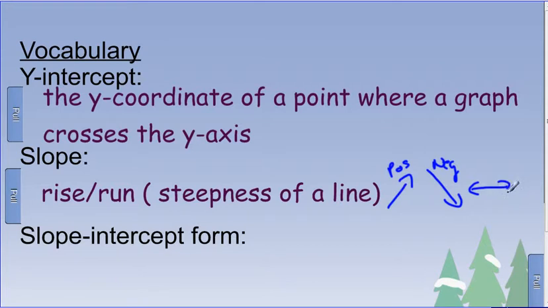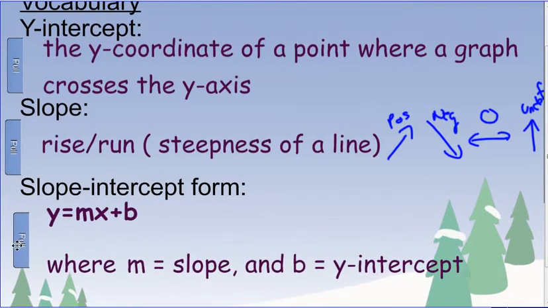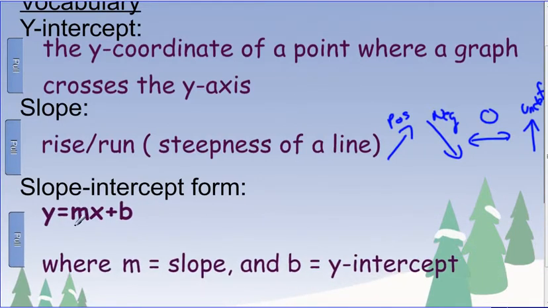It's flat, horizontal. And undefined looks like that. And then slope-intercept form is y equals mx plus b, where the m part is the slope and the b part is the y-intercept. Those are the vocab words, so we had all that before. Nothing new. We've been talking about slope-intercept form for, it seems like, forever now. So let's learn a bit more about it.